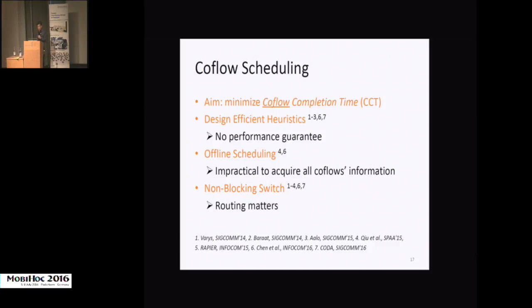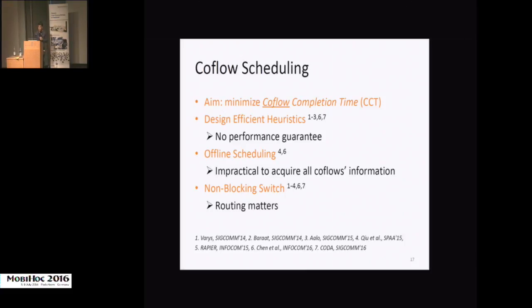So our aim becomes to minimize the Coflow completion time. There are some significant works on Coflow scheduling, and the corresponding literature is listed below. Some of them focus on designing efficient heuristics, but such heuristics have no performance guarantee.